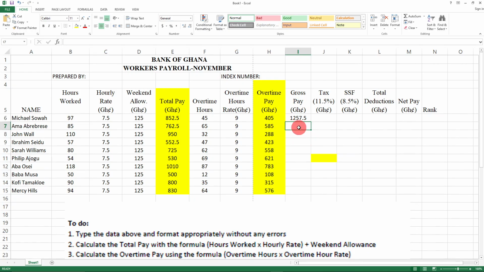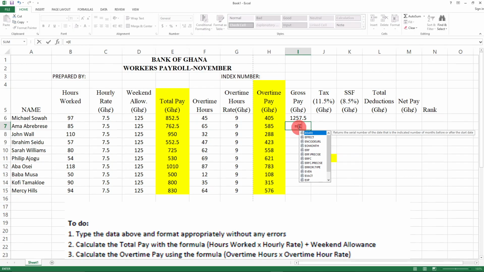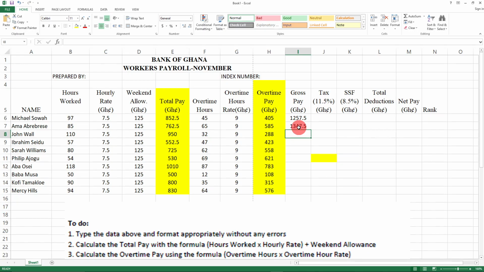So we move on to Ama Abebrese. We use the same formula, so equal to E7 plus H7. Okay, the next one is, I hope you can do it. You can do it, but let me complete this one. I will allow you to do it yourself.